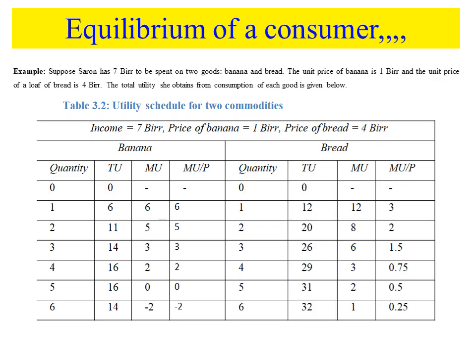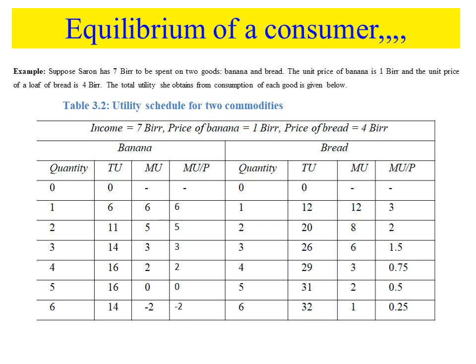The first one is marginal utility of banana over price of banana equals marginal utility of bread over price of bread. At this point we get the maximum point, or equilibrium. The second is price of banana times quantity of banana plus price of bread times quantity of bread equals 7 birr, our budget constraint.